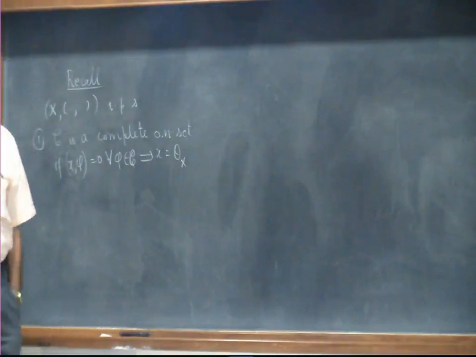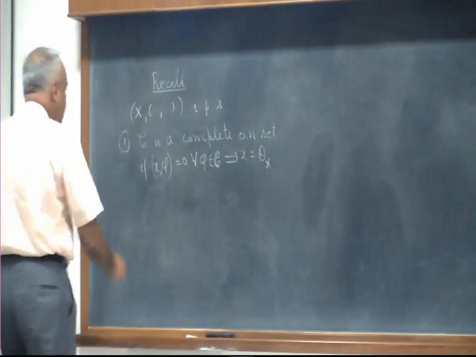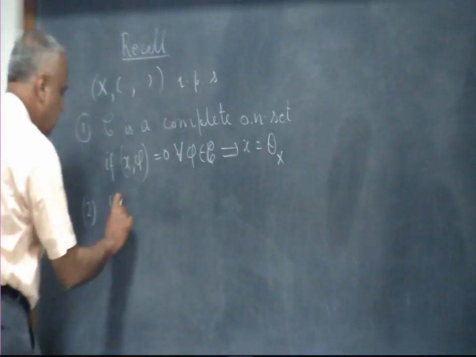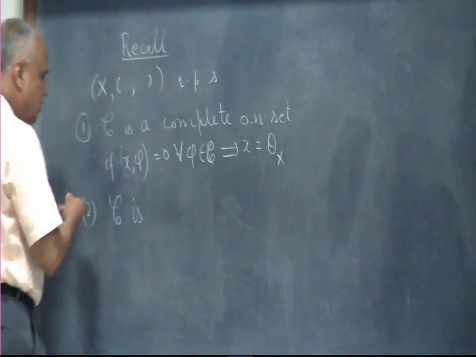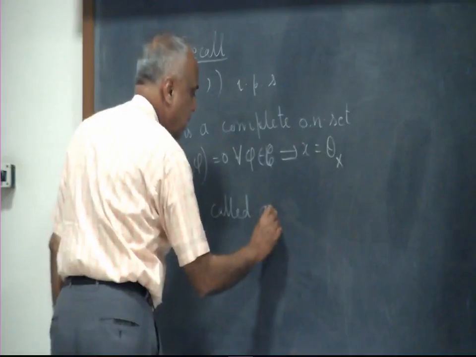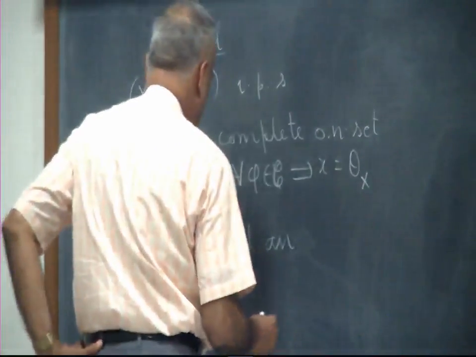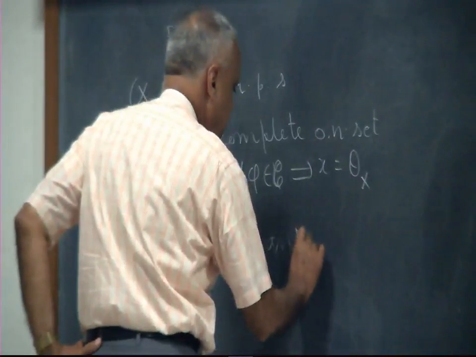That is one of the definitions we gave, and the other one we said was C is called a maximal orthonormal set.